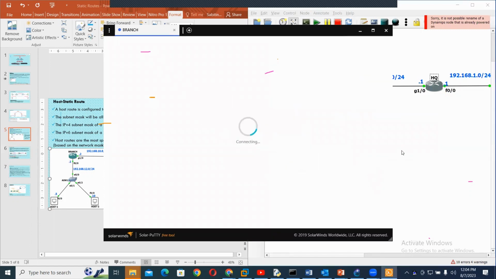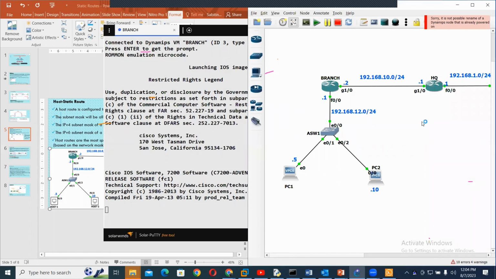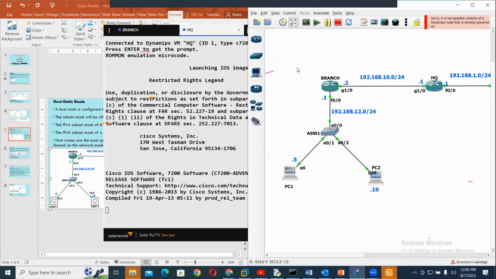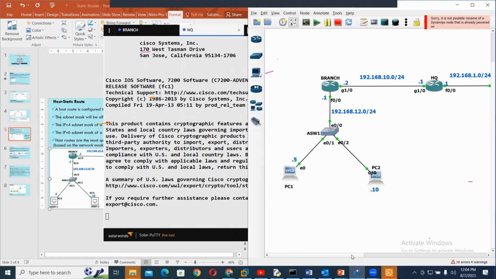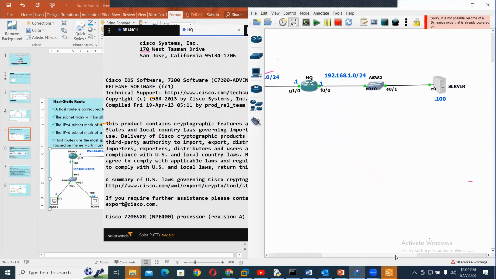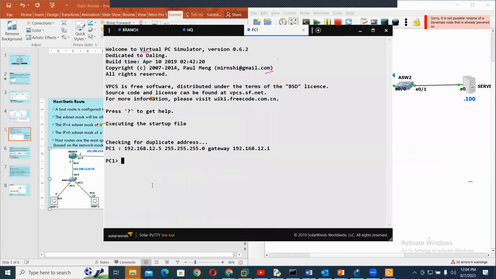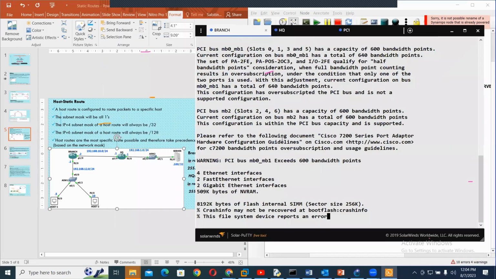Let's connect. Let's have the console of HQ, the console of PC1, and we have a server here. I've already configured the server. What we'll do is just configure the routes and try to ping to see if we can access the host.